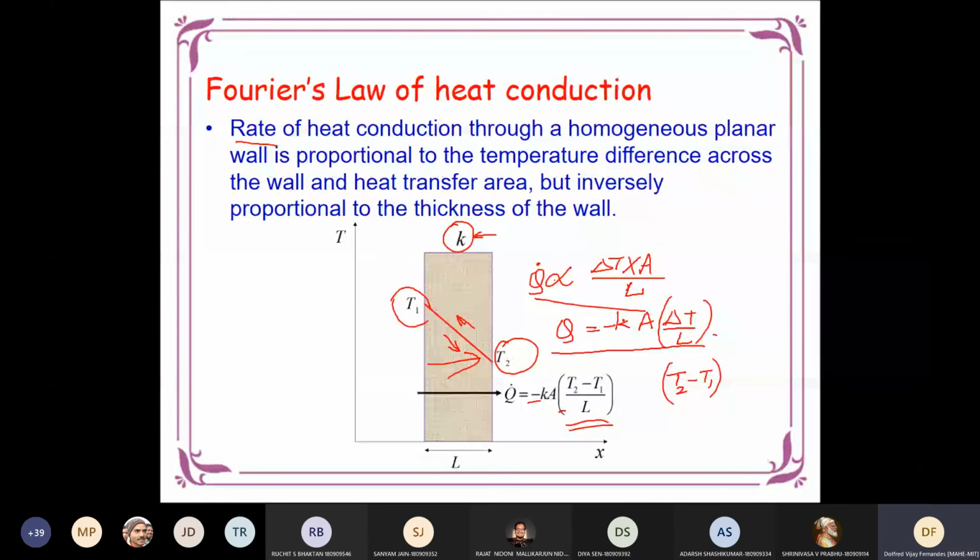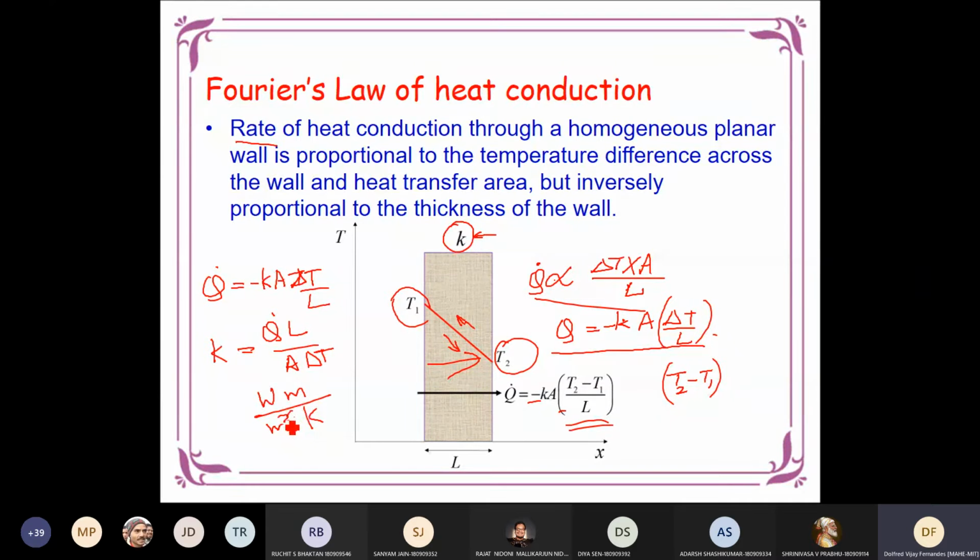You can also estimate that. Since Q is in watts, Q equals minus KA delta T by L. If you want to write for K, you can invert the relationship: K equals QL by A delta T. Now substitute for each: Q dot in watts, L in meters, area in meter squared, and temperature difference in Kelvin.